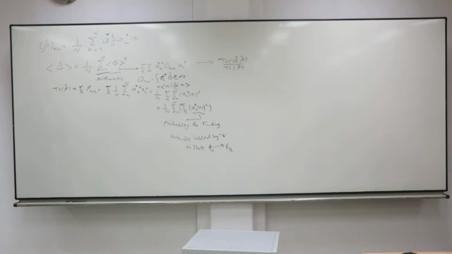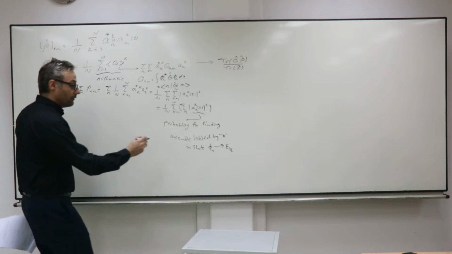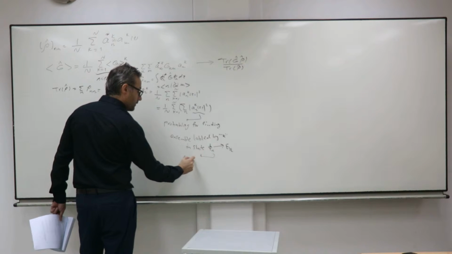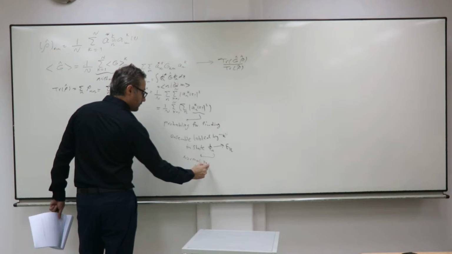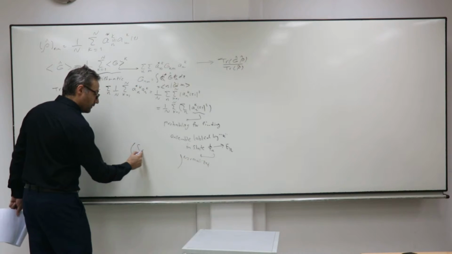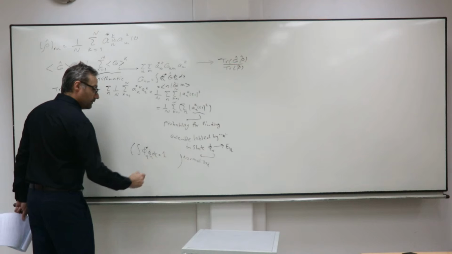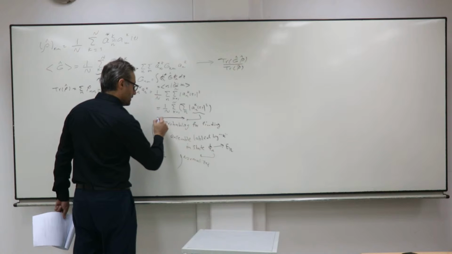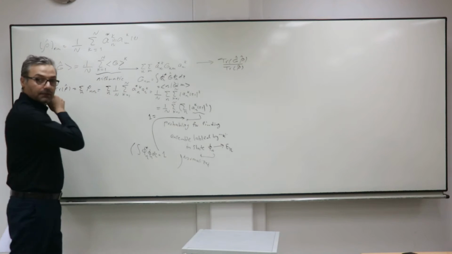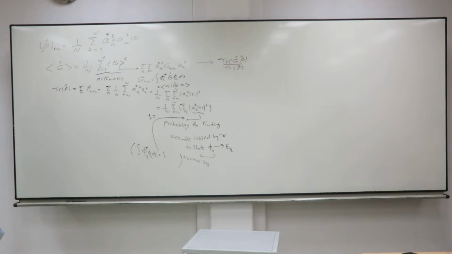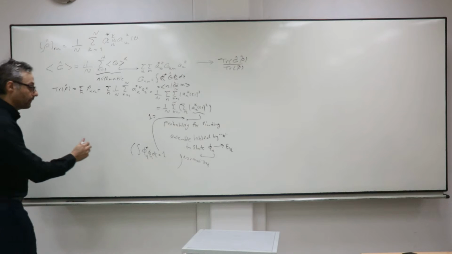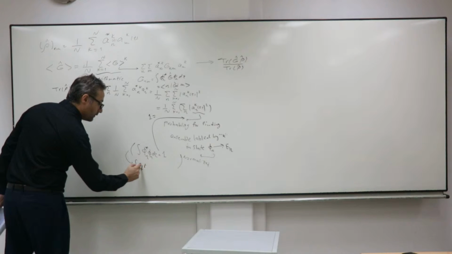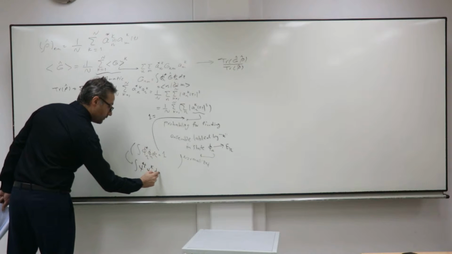And this probability, the sigma, if the wave function is normalized, only with that condition, I mean if the integral of phi n star phi n d tau is 1, then only with this condition you can put the sigma n equal to 1. Or if the integral of psi k star psi k d tau is 1, only that.